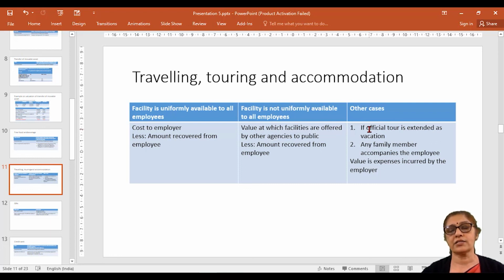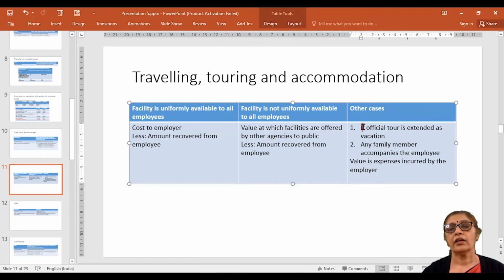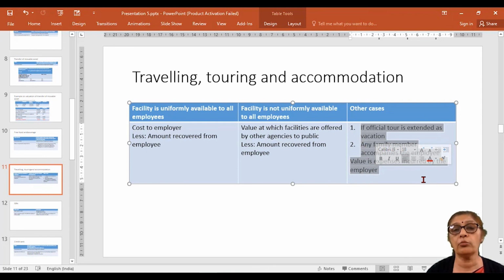And other than this, if the traveling or accommodation is extended beyond the official tour, or is not for you but for any of the members of your family. I go on an official tour and get an accommodation, and my family accompanies me.